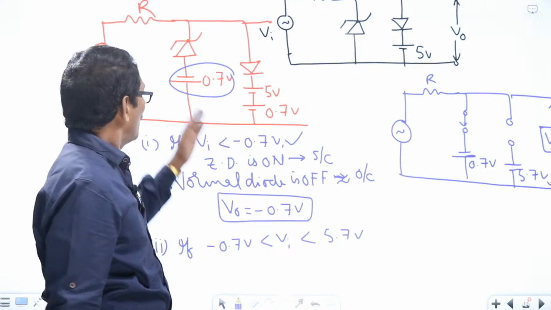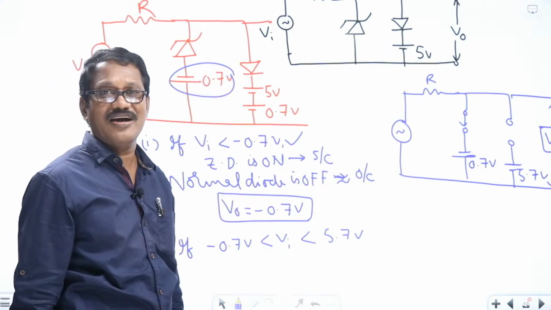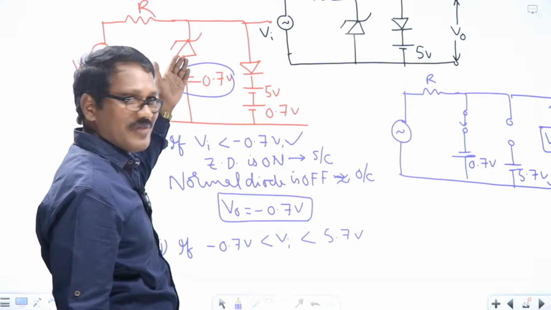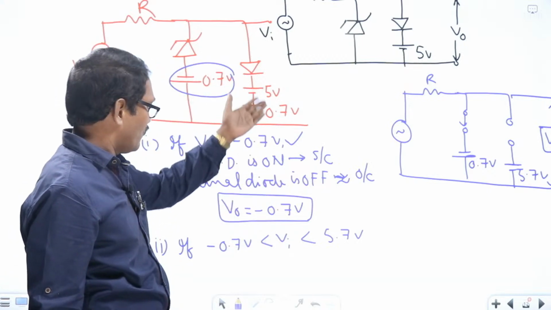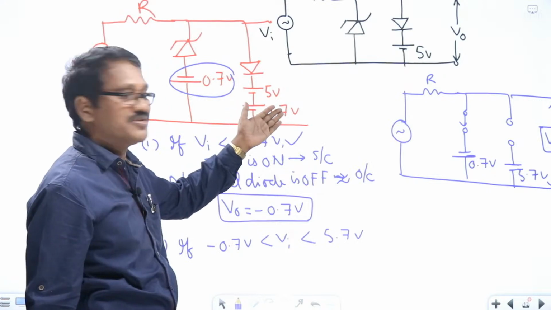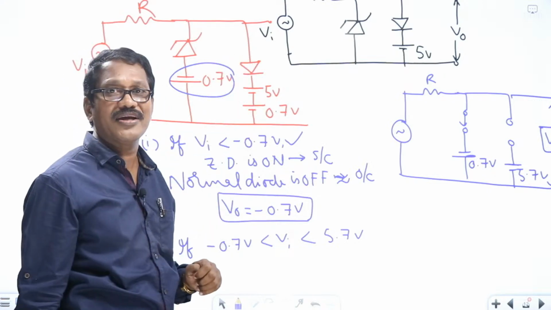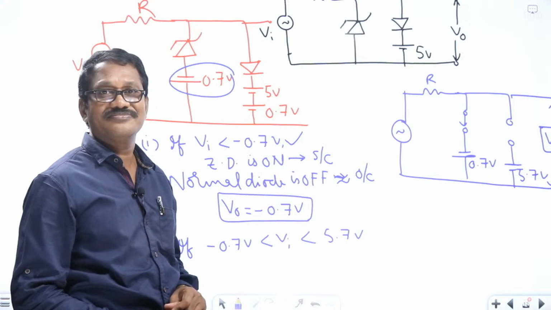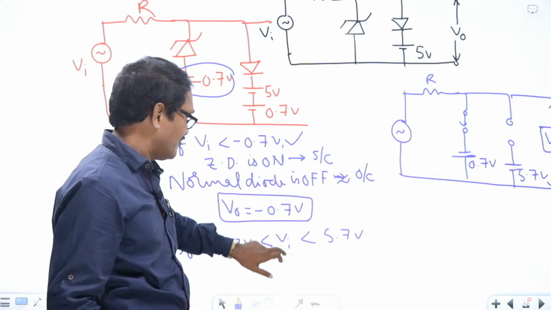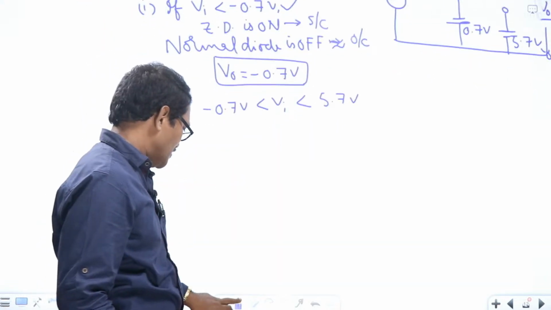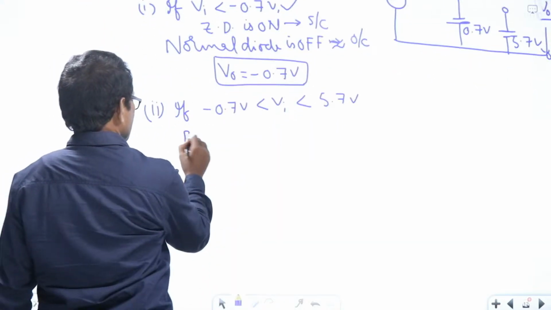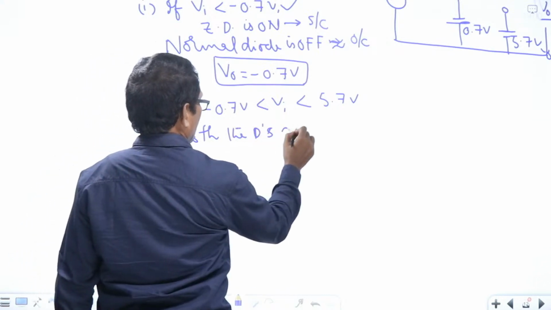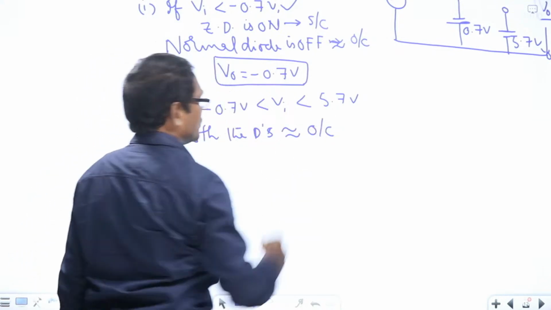Both the diodes are reverse biased, acting as open circuits. This one is reverse biased anyway, and since less than 5.7 volts is connected to the anode terminal, this is also reverse biased. So in this case, both the diodes are equivalent to an open circuit.